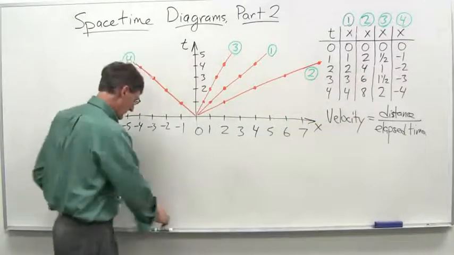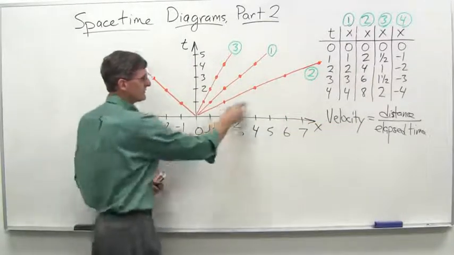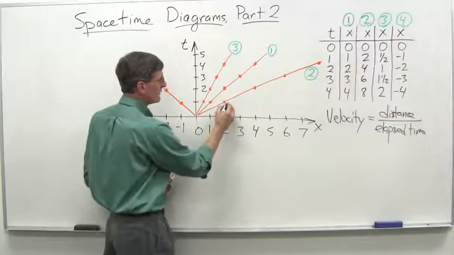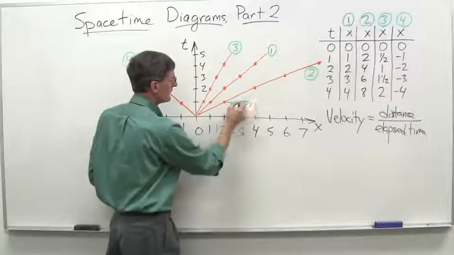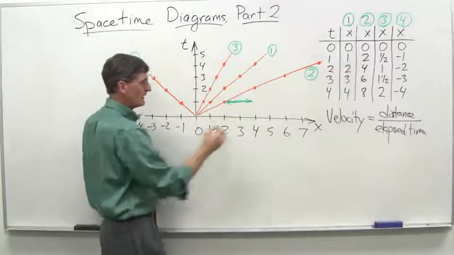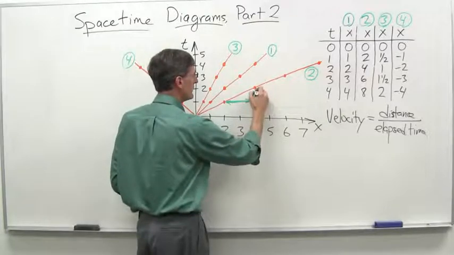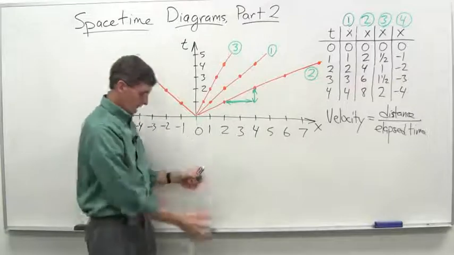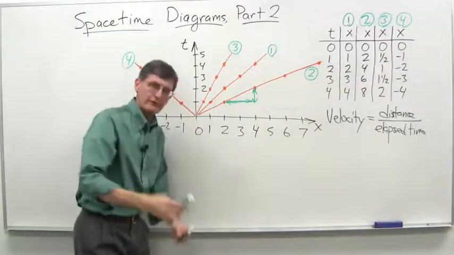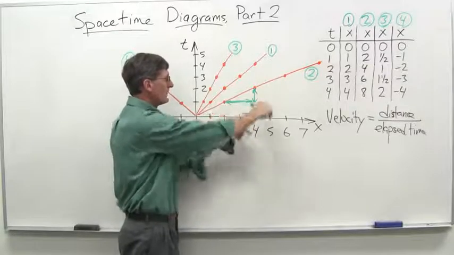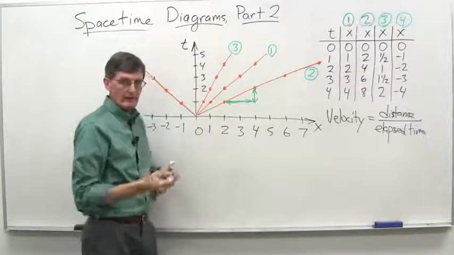So let's look at, we'll do this example right here. Let's look at number 2 here. So the distance traveled, say, from here to here. That's not a very straight line. So there's the distance traveled, and here's the time. Essentially what we're doing is distance traveled is 2 divided by the time 1.